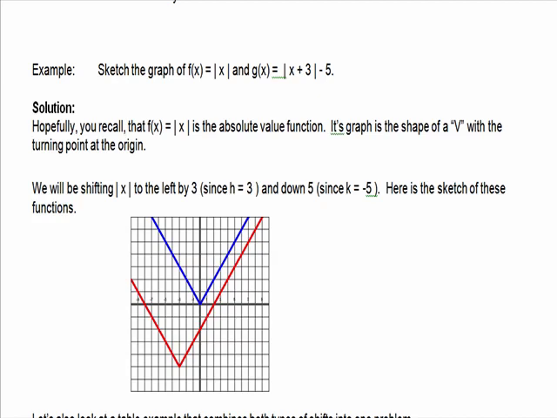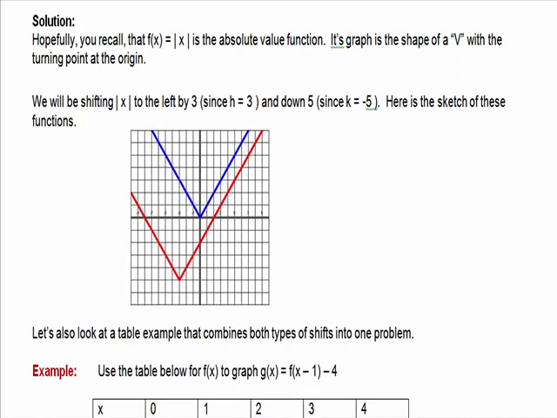And you can notice on the red graph that the turning point is now at negative 3, negative 5. And now what we could do is just mimic the look of the graph, and we get the new V-shaped graph. These are exactly the same graph, even though the red one might look bigger. It's just because I've shown more of it. But it's the same graph, just shifted left 3 units and down 5.